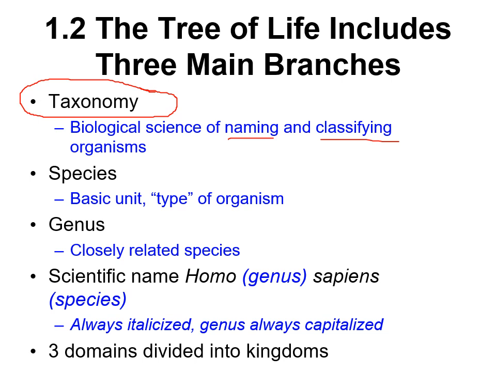When you look at a scientific name, what you're looking at is the genus and the species name. The genus name can be considered almost like a last name. You're going to have a group of closely related species, whereas the species name you can consider your first name. It is you. There's just one of you.